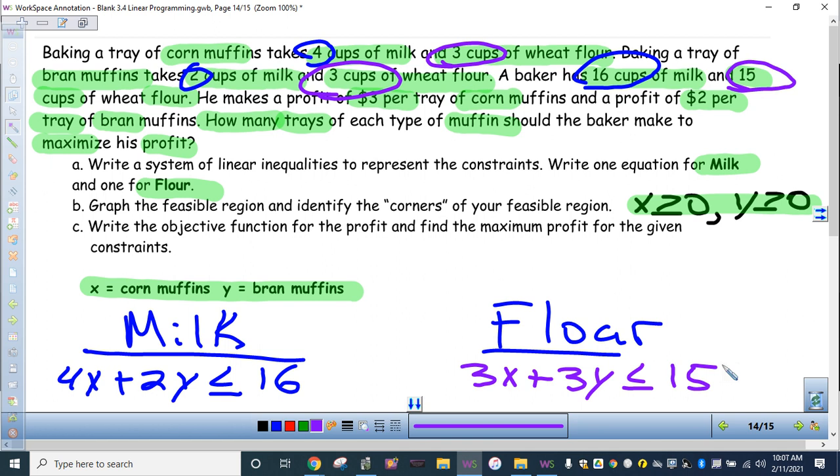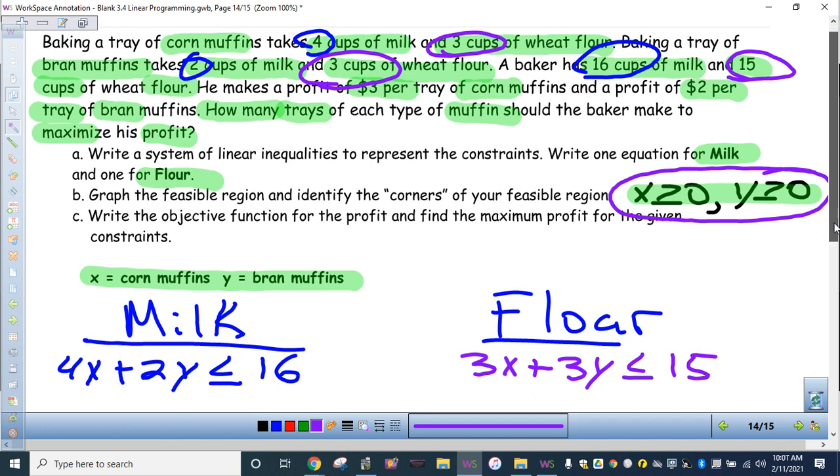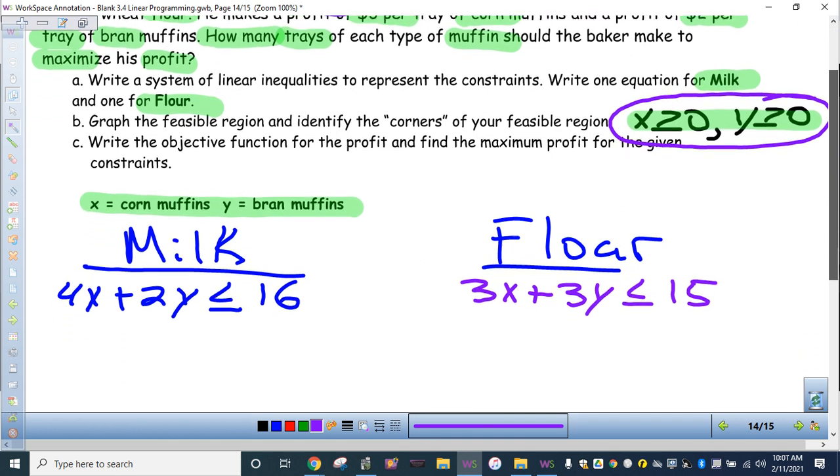Don't forget, remember, those x and y are greater than or equal to 0. Remember, this problem alone by itself is worth 12 points. So it's worth a lot.